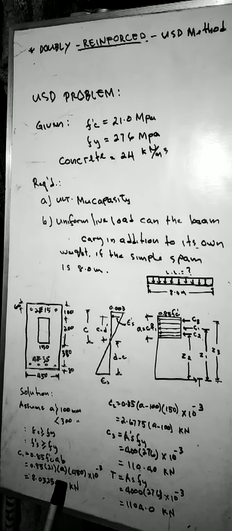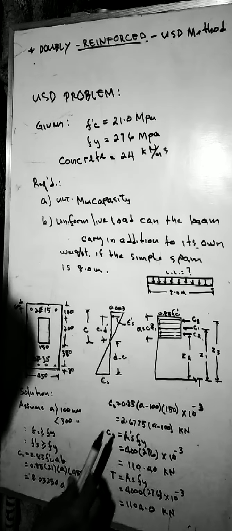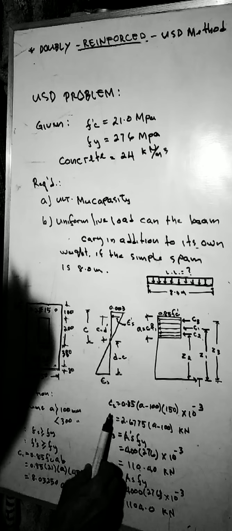Computing this will give us 8.03250 a, where a is a variable. We will solve this after a while. That is in kilonewtons.